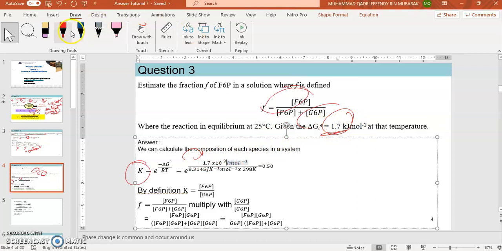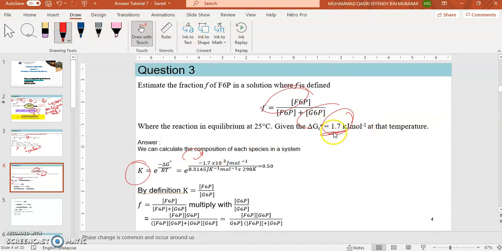So what I need to do is convert it to joule per mole. That's why I put in 1.7 times 10 to the power of 3 joule per mole.